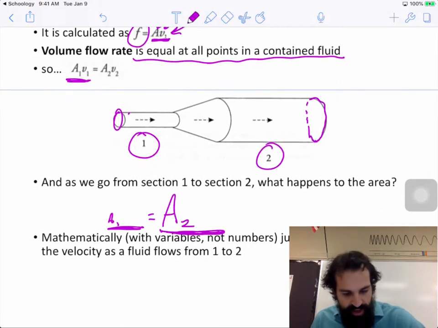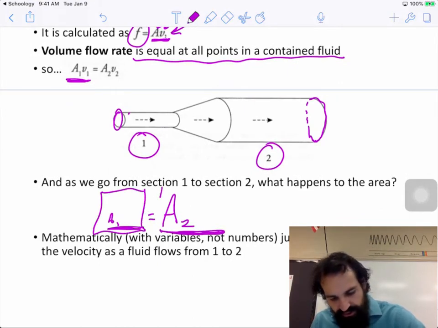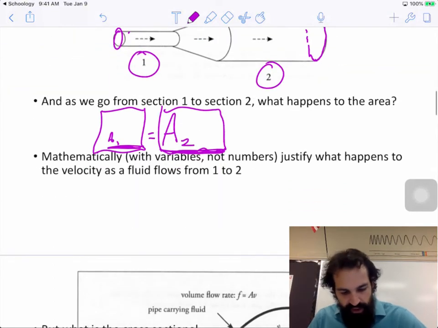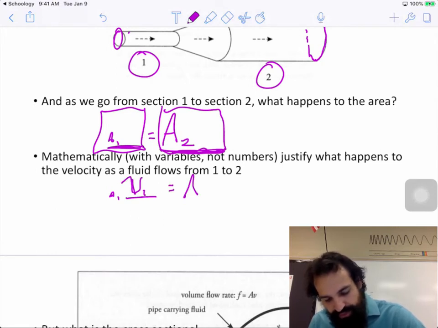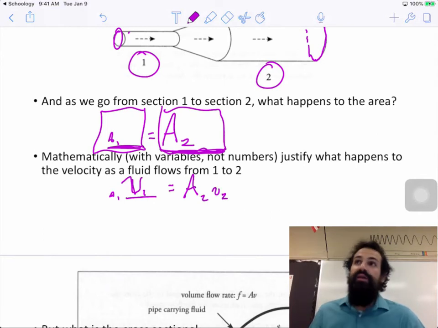So we're going to mathematically justify that. If this total product equals this total product, then a small area would have to be multiplied by a big velocity to compensate for the big area, which is going to have a smaller velocity. That makes sense. Smaller area, higher velocity.